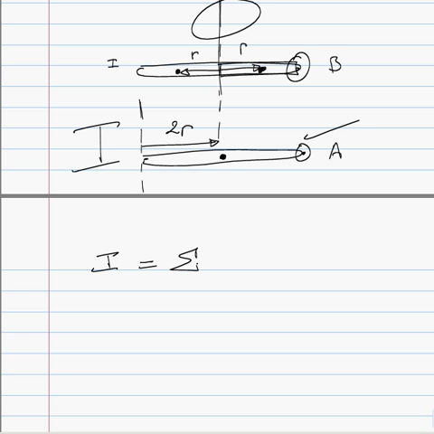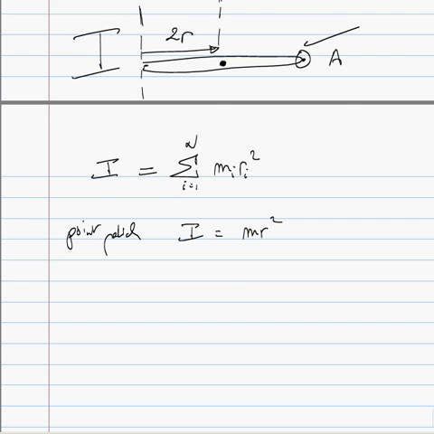So I, by definition, and for a point particle, will be mr squared. So for a point particle, I is mr squared. If you're dealing, say, with a disk rotating about an axis located at its center, such as this, then I will be 1/2 mr squared.